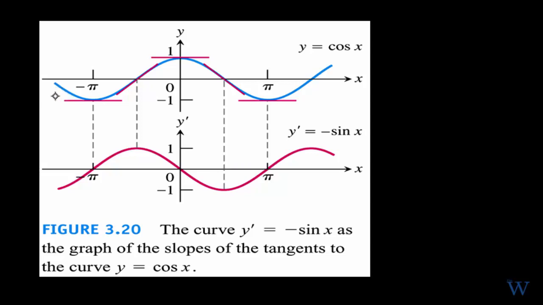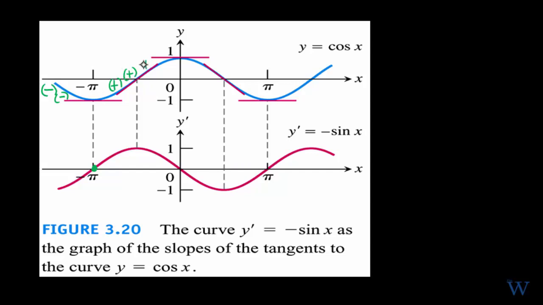So if we start off here, we can see that the lines tangent to the curve have negative slopes here. And then it becomes 0, and that corresponds to an x-intercept on the derivative function. And then from minus pi up to 0, these are all positive slopes.